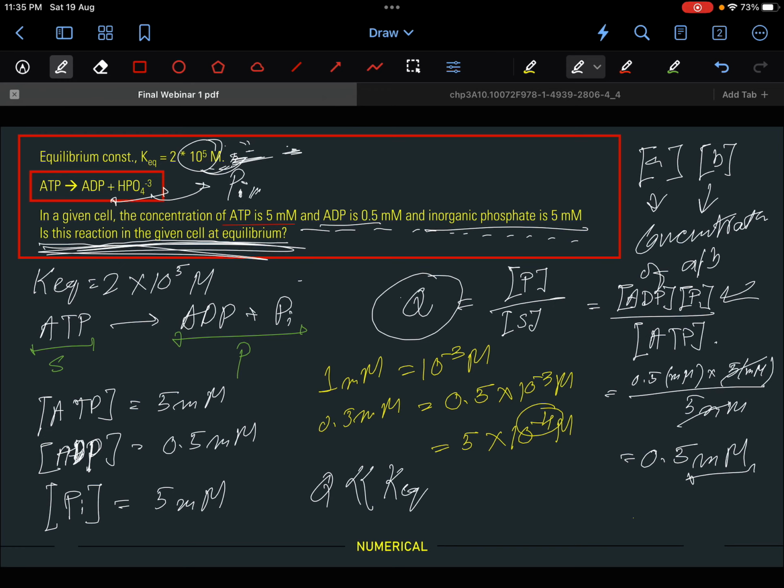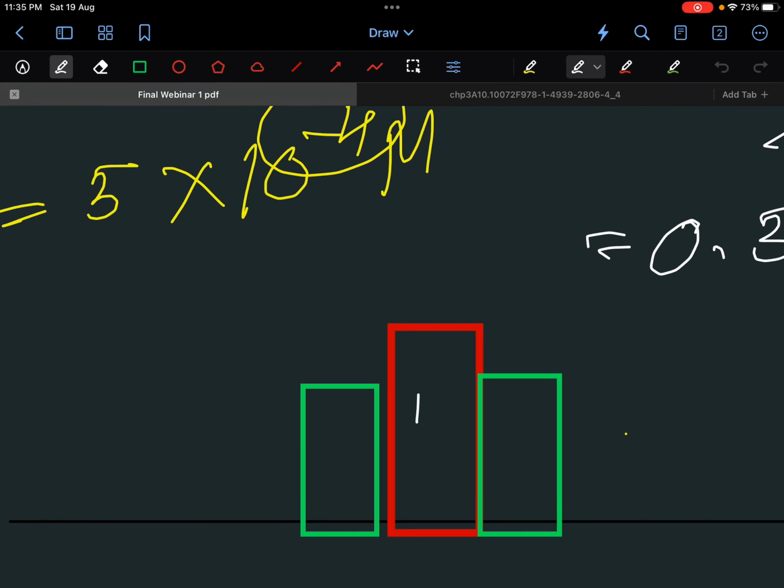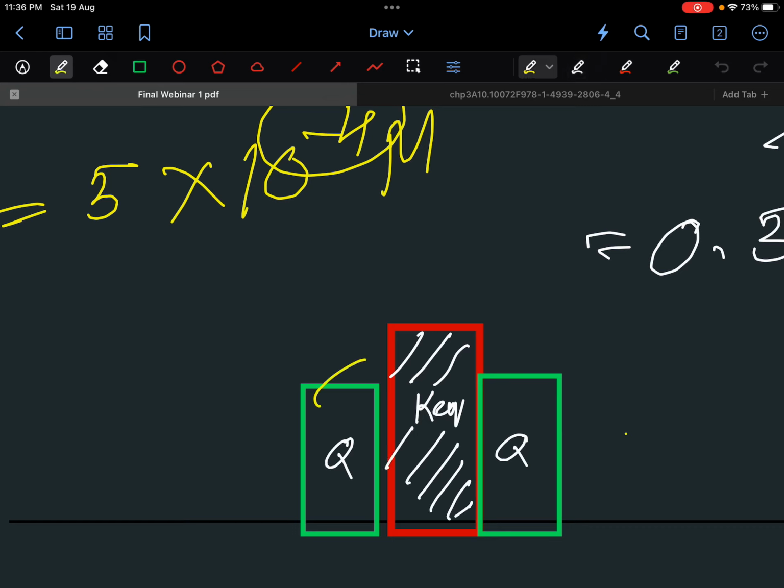The next question is in which direction the reaction will proceed. Let me give you a quick concept. This is K equilibrium, this is Q, and this is also Q. If Q is less than K equilibrium, the reaction will proceed in the forward direction, and if Q is greater than K equilibrium, the reaction will move in the reverse direction.